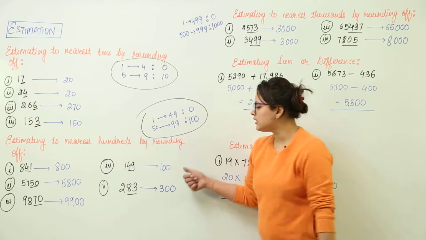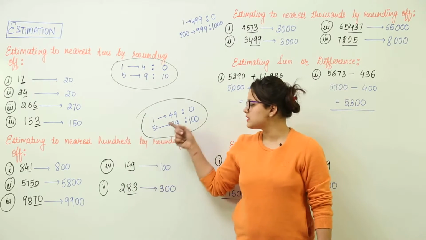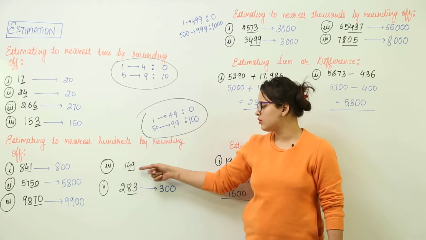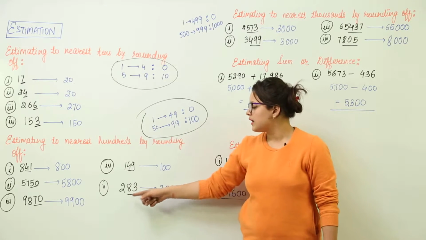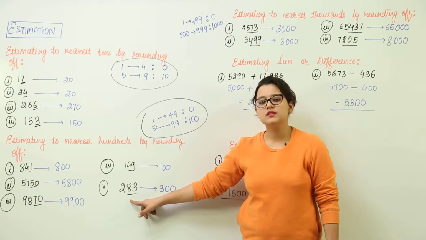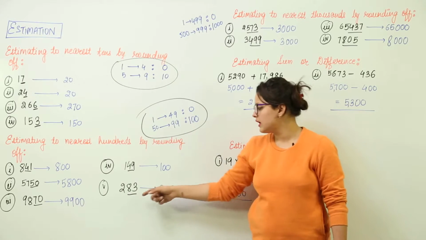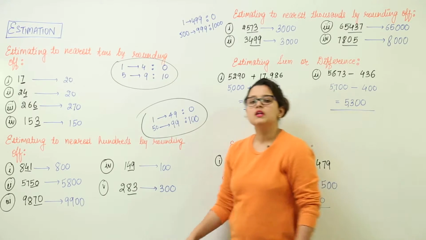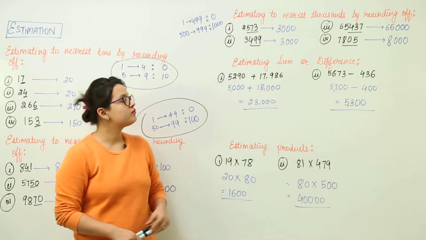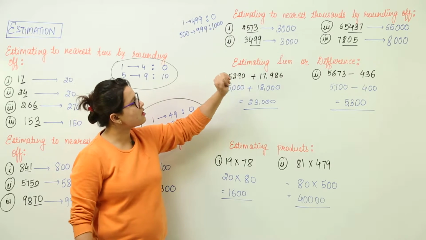Similarly we have 149, because 49 is lying in this range, we make 49 to be 00, and for 283 again 83 is lying here, so we round it off to the next 100, and the next 100 is 300.